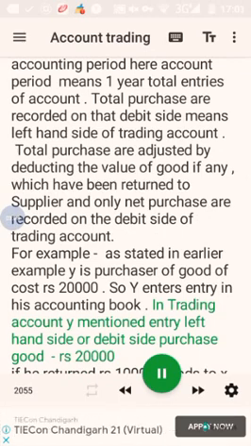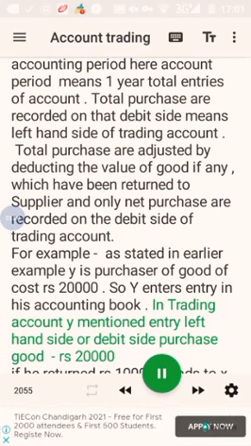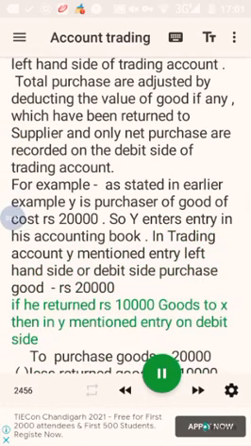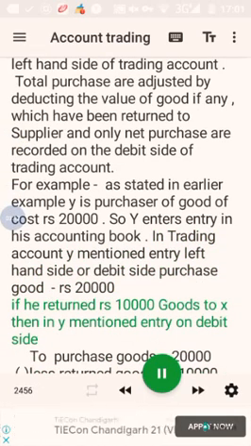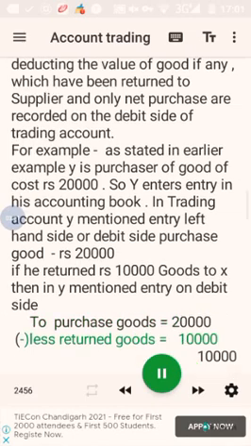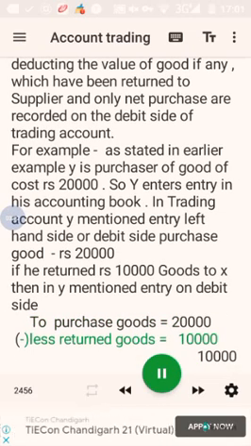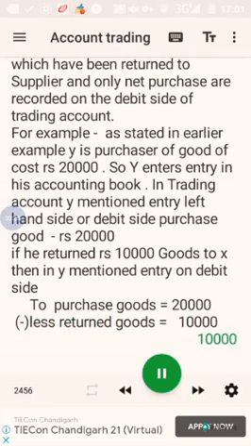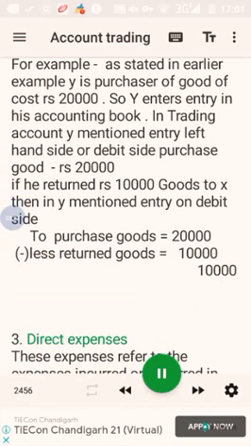In trading account Y mentions the entry on the left hand side or debit side: purchase goods 20,000 rupees. If he returned 10,000 rupees of goods to X, then Y mentions the entry on the debit side: to purchase goods 20,000, less returned goods 10,000, equals 10,000.